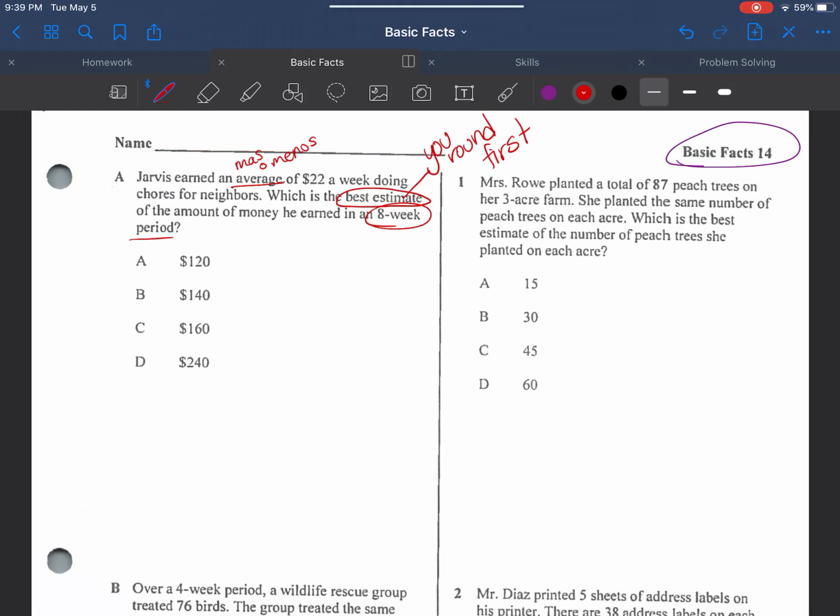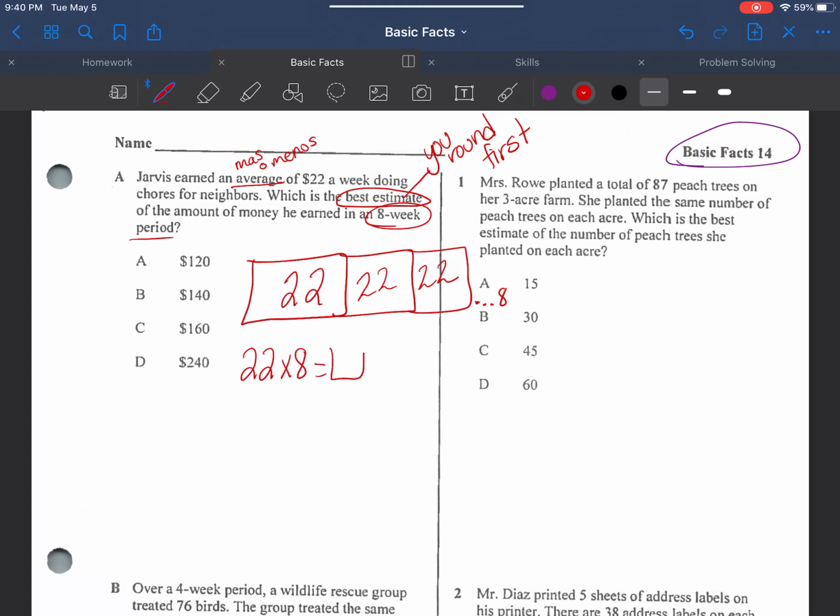You round first. Of the amount of money he earned in an 8-week period. So I have $22 that he made each week, cada semana, and we want to know 8 weeks.